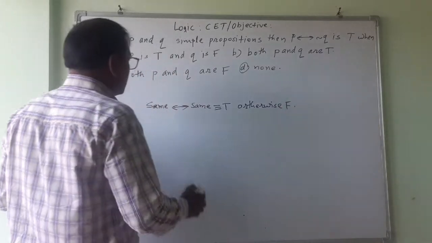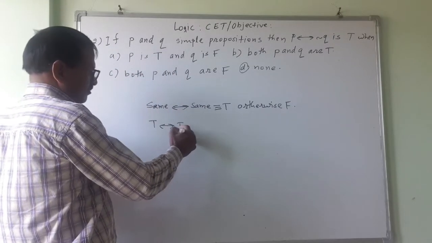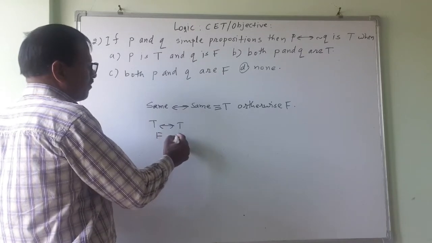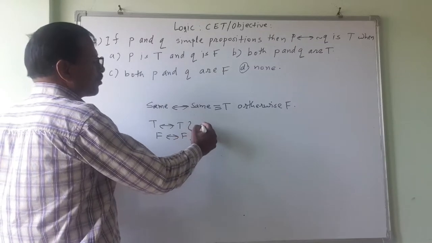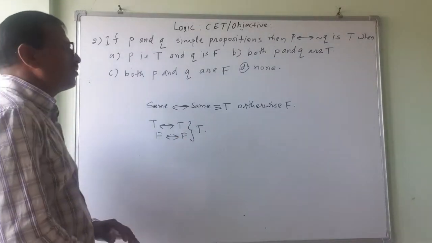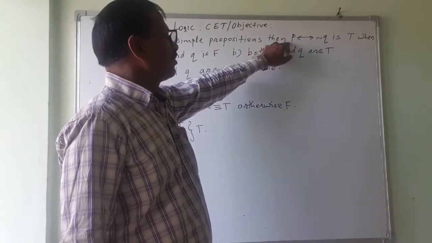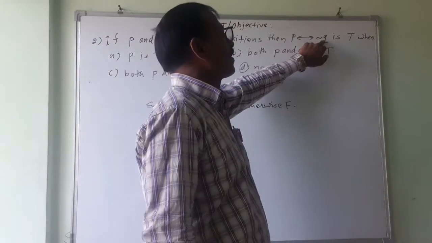Same means what? T, double implication T. F, double implication F. This all is true. Otherwise it is false. Means the value of this P should be true. Then negation Q should be also true.